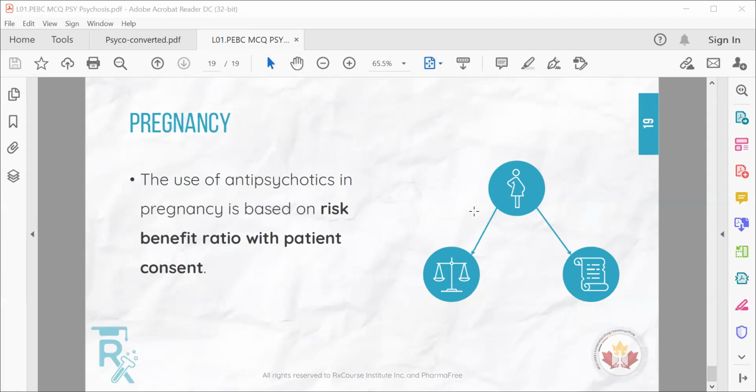You need to take them after a high calorie meal. So if you have been told in a case or in OSCE that a patient is taking Ziprasidone and there is partial response, the first question that will come to your mind is, do you take it on an empty stomach? Do you take it after food?